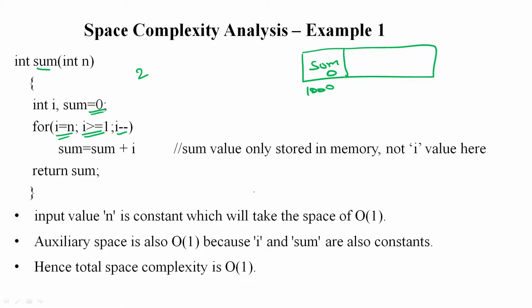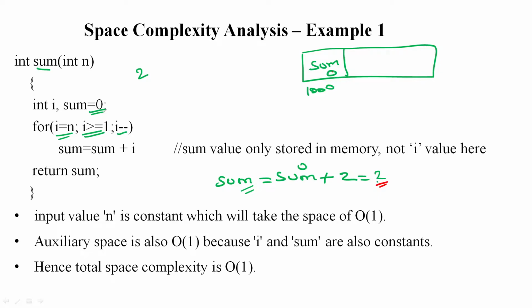So now sum equals sum plus 2. Here sum is already 0, so 0 plus 2 equals 2, which is assigned into the same location. So this value 2 is overwriting the sum value, right? So the same location is used for storing the 2.